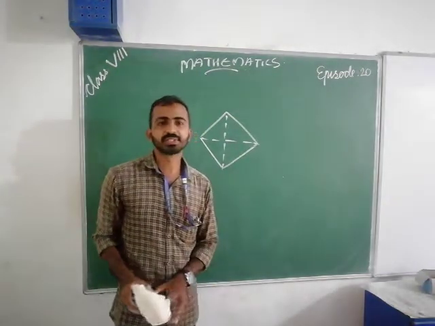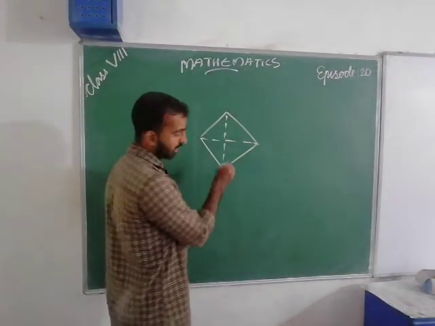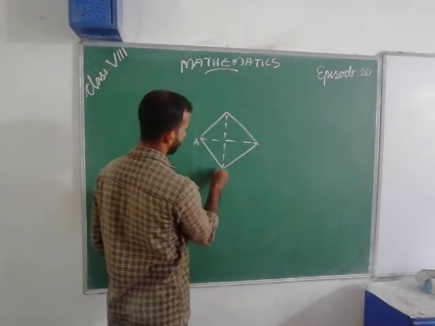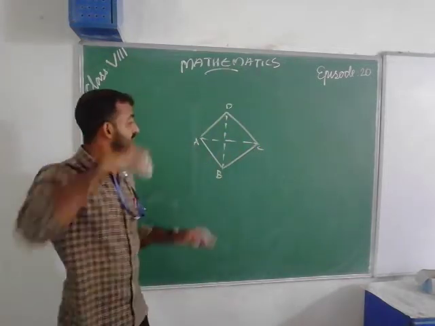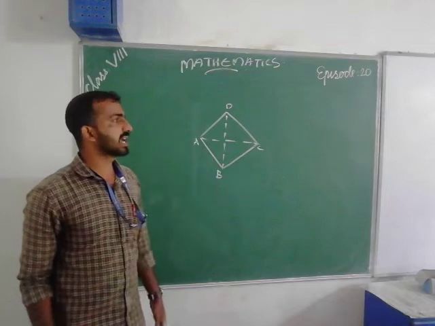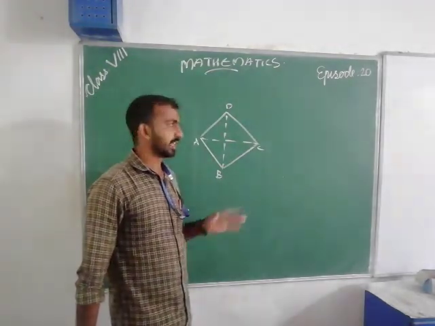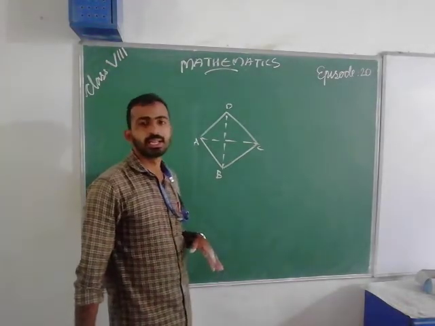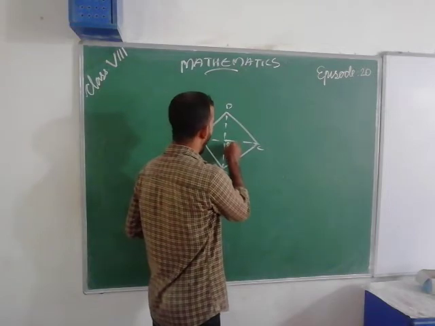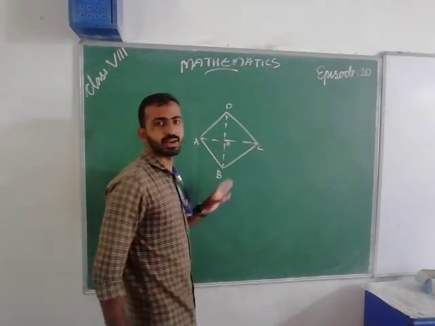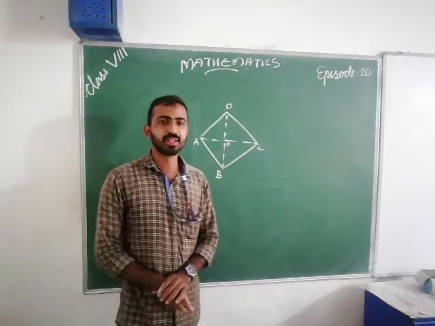When we name the rhombus, this is not a kite, this is a rhombus, all sides are equal. Here it is named ABCD, and here is the point of intersection of the diagonals.